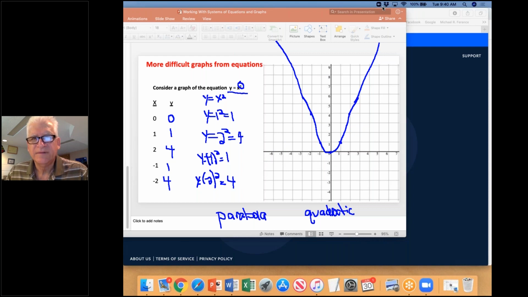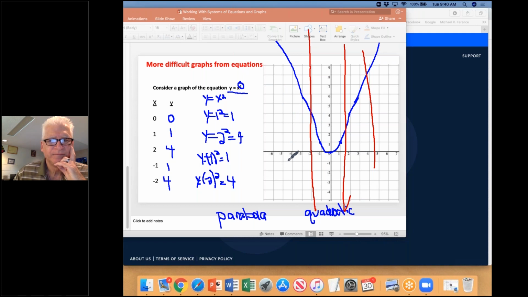A graph is a graph of a function only if you draw a straight line anywhere, and it only intersects the graph in just one point. No matter where I draw a line, it's only going to cross this graph in one point.